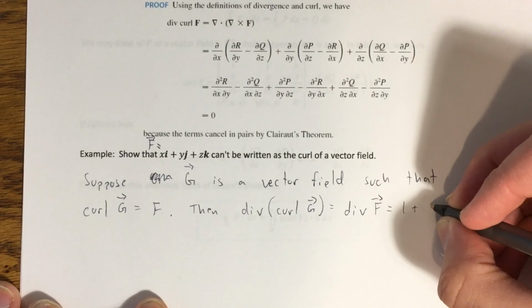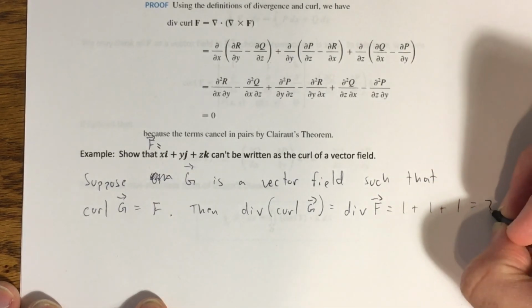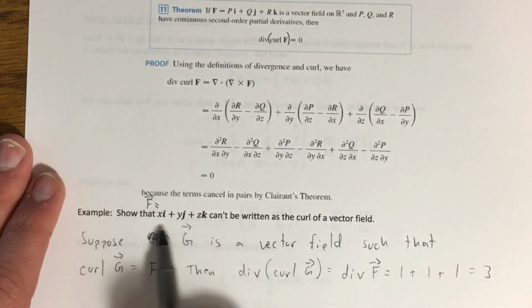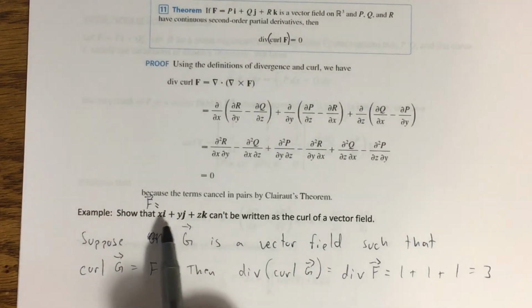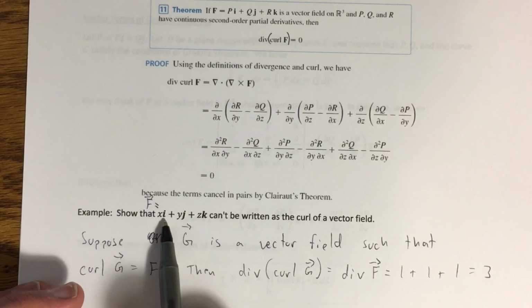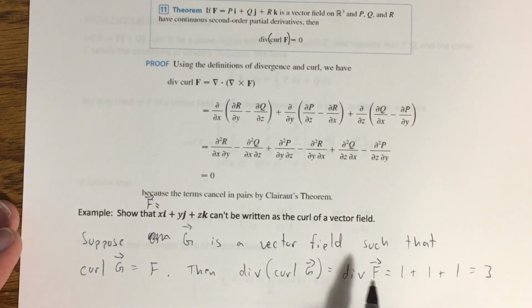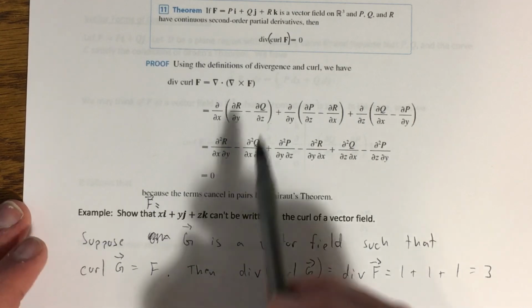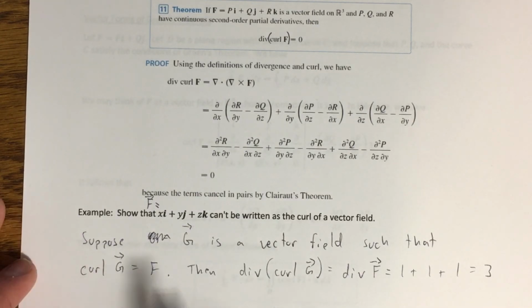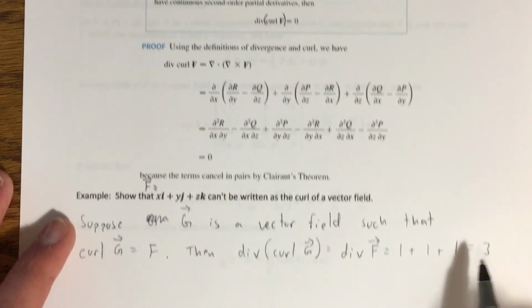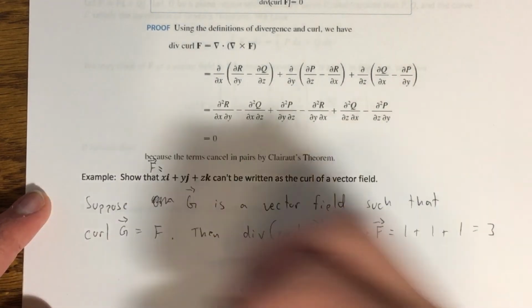Each of those is going to have a partial derivative of 1, giving me 3. That contradicts this theorem because this function has, very clearly, continuous second-order partial derivatives. All the second derivatives would be 0. The divergence of the curl of G should have come out to 0, because of this theorem. We didn't get that. This is a contradiction.